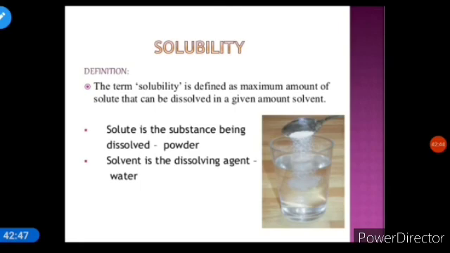A solute is the substance being dissolved, like powder, and the solvent is the dissolving agent. Solubility is the ability of any substance to dissolve, and that substance is what? Solutes only. So it is the ability of a solute to dissolve in a given solvent.